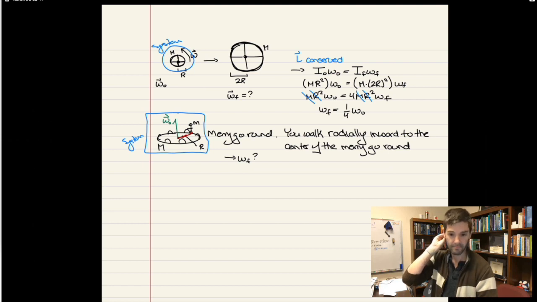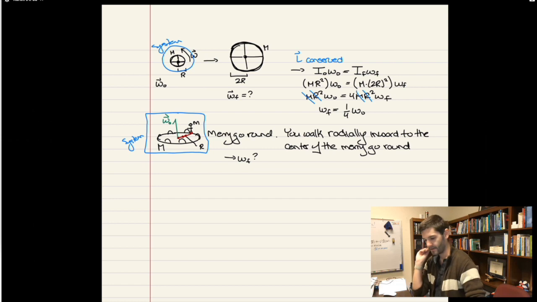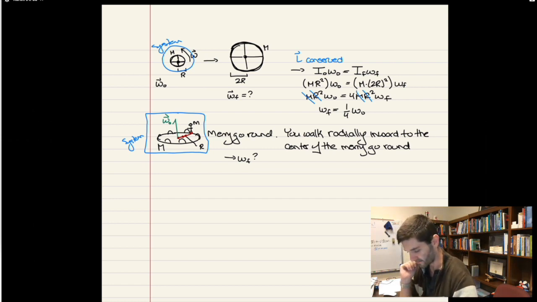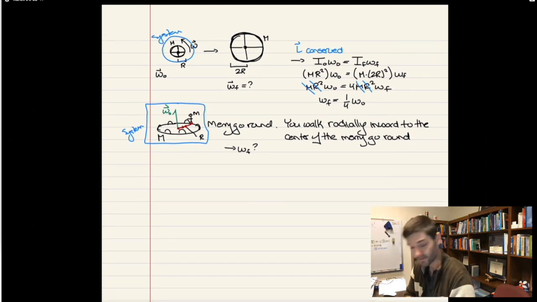The moment arm and the direction of the forces are parallel or anti-parallel. So there's no torque on the system. Even if there was, this is all happening internally anyway. But it turns out that there's no torque at all, which is convenient.